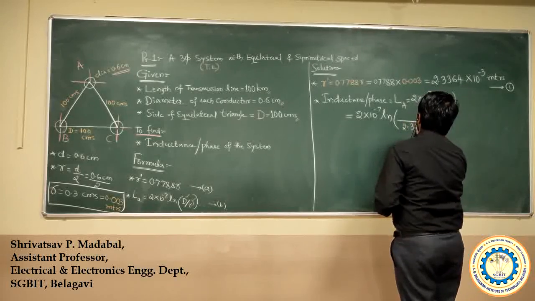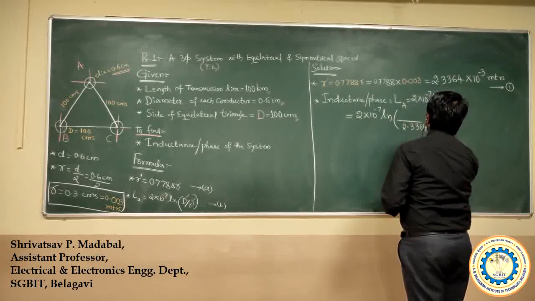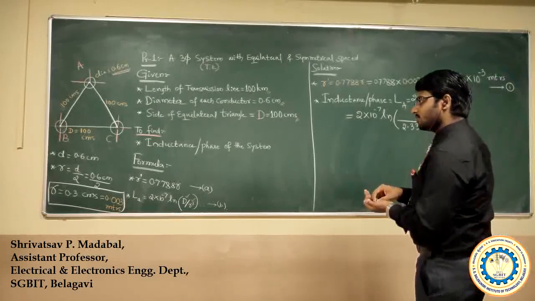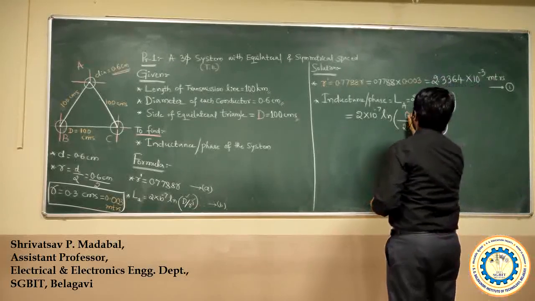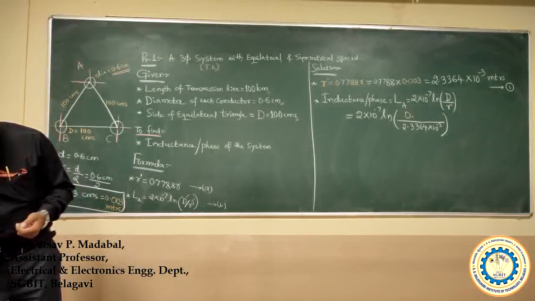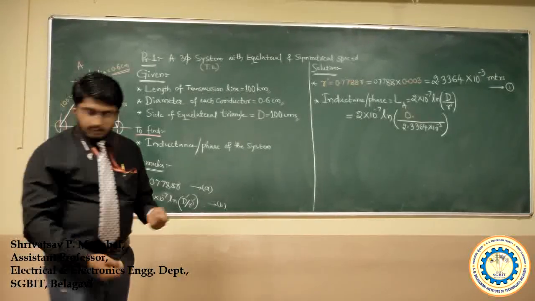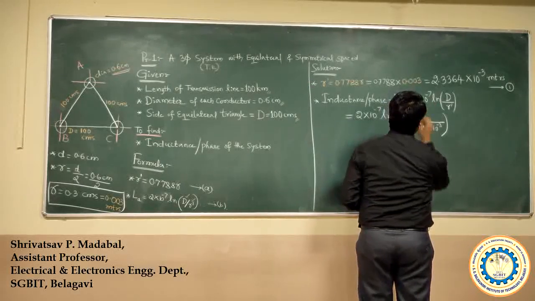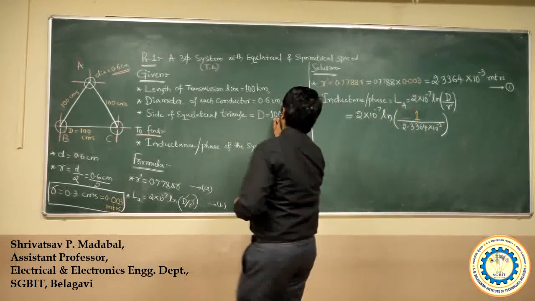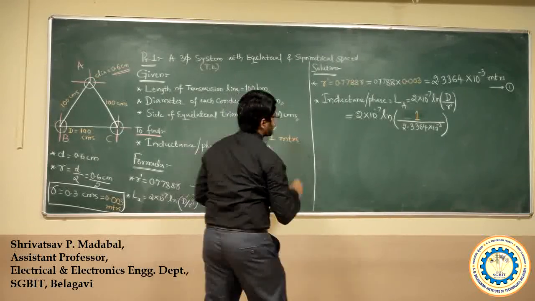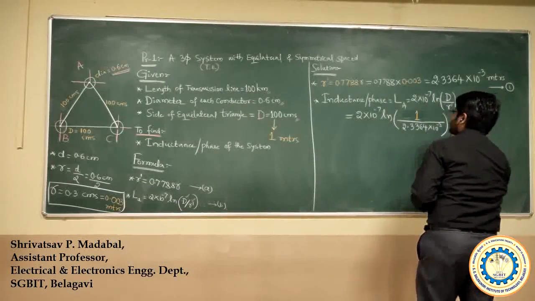R dash is 2.3364 into 10 to the power minus 3 meters. 100 centimeters, try to convert and express in terms of meters. 100 centimeters is equal to 1 meter. Okay, so what will be the value of LA here?